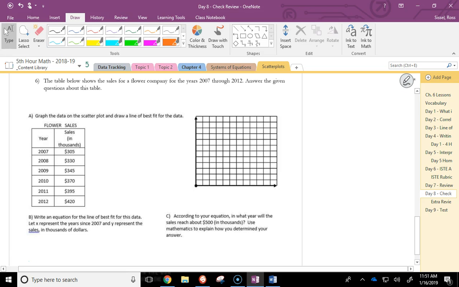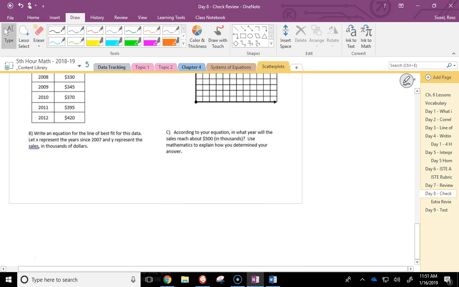I'd say the first thing to do is go ahead and read through your questions. A: graph the data on the scatter plot and draw a line of best fit for the data. We know how to do that. Here's our information. B: write the equation for the line of best fit for the data. Let x represent the years since 2000 and y represent the sales in thousands of dollars.